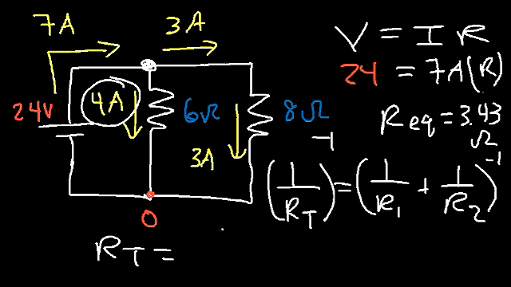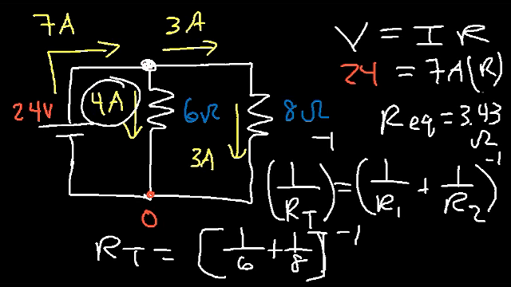RT is equal to (1 over 6 plus 1 over 8) raised to the minus 1. If you type that in the calculator, you're going to get the same answer, 24 over 7, which is 3.43 ohms. So you can find the total resistance both ways.